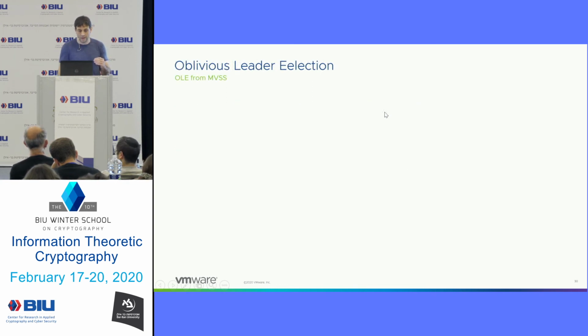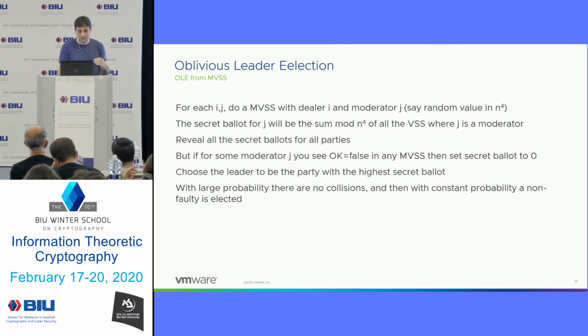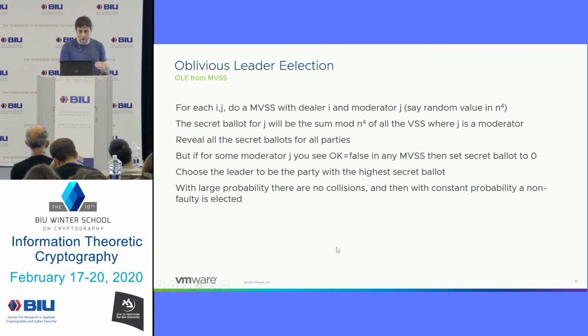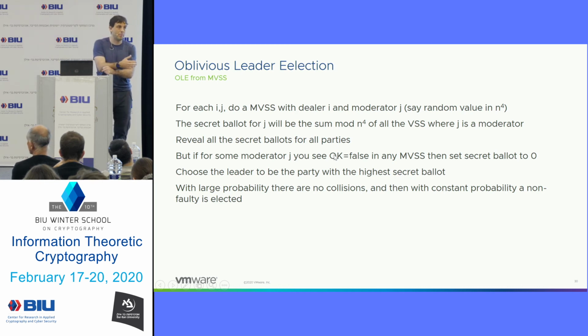So if you decide to not zero out this party because your OK is true, it basically means that the VSS properties hold. This means that all the secrecy properties of VSS and the randomness hold, which basically means that this MPC that's computing the ballot is correct.